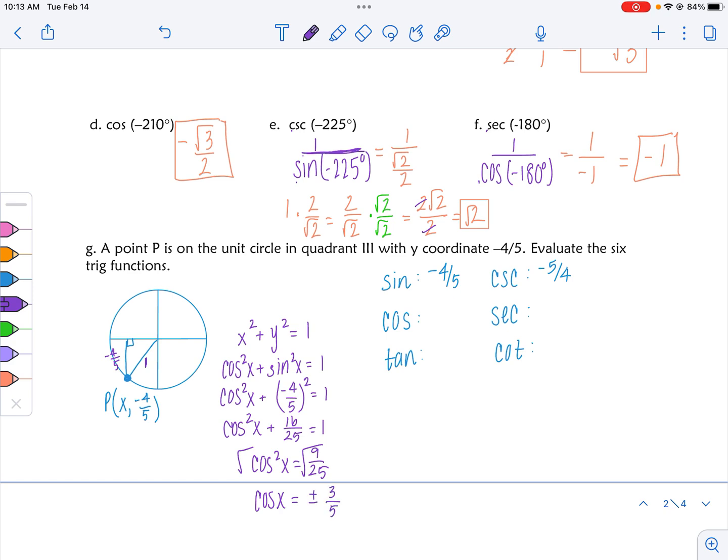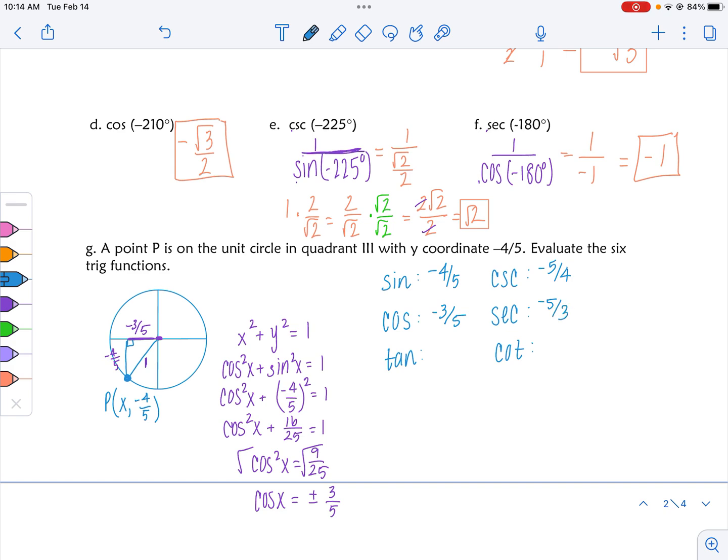Now, I always like you to put the plus or minus so you can realize that, yes, it could be positive or negative. Based on this picture, because it's going to the left, you have to remember it's negative 3 over 5. Which lets us create our cosine, because that's the x value. Our secant, which is the reciprocal.